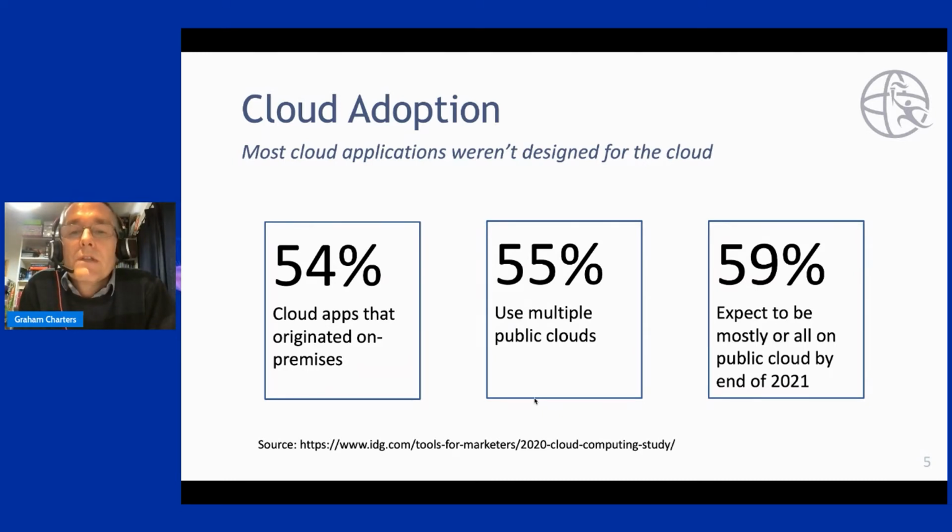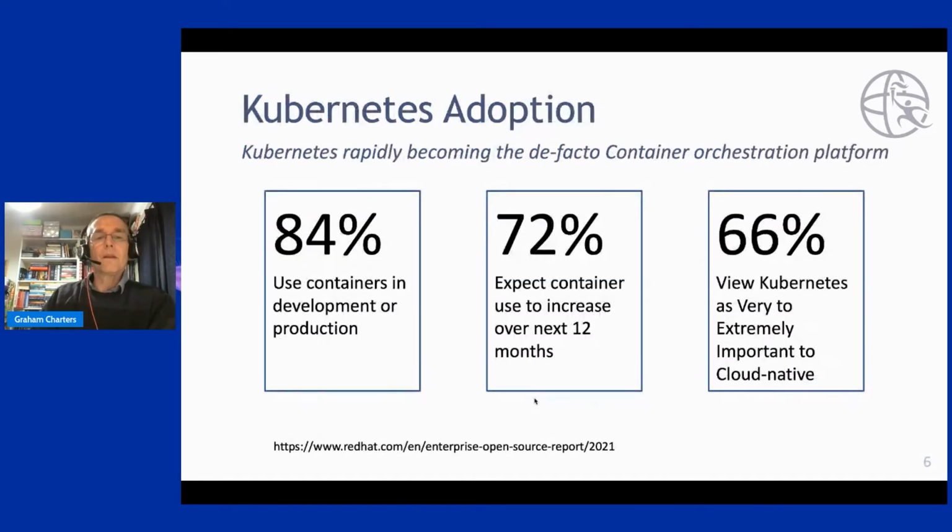They're not just choosing a cloud and then going with that as their answer. And so there's a need for essentially an OpenShift hybrid cloud approach. And lastly, things aren't standing still. Most customers are expecting that by the end of 2021, according to this survey, that most, if not all, of their applications will be on the cloud.